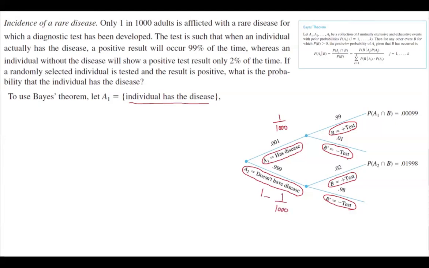Then, if the person has the disease, the probability that this is positive is 99%, negative test 1%, and if the person doesn't have the disease, the probability that the test is positive is 2%, and the complement is 98%. Very good.